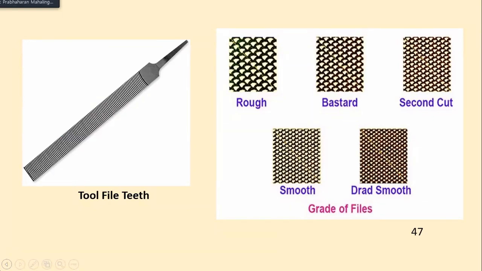A single cut file can be utilized for different jobs. But normally we have two cuts. This type of file we buy. Some teachers put second cut, but normally we say single cut, double cut.